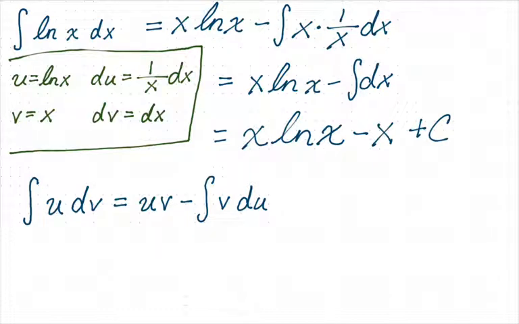So that's why I'm not integrating the x ln x. I'm only integrating the x times 1 over x dx. And then the x and the 1 over x just cancel. Does that make sense?